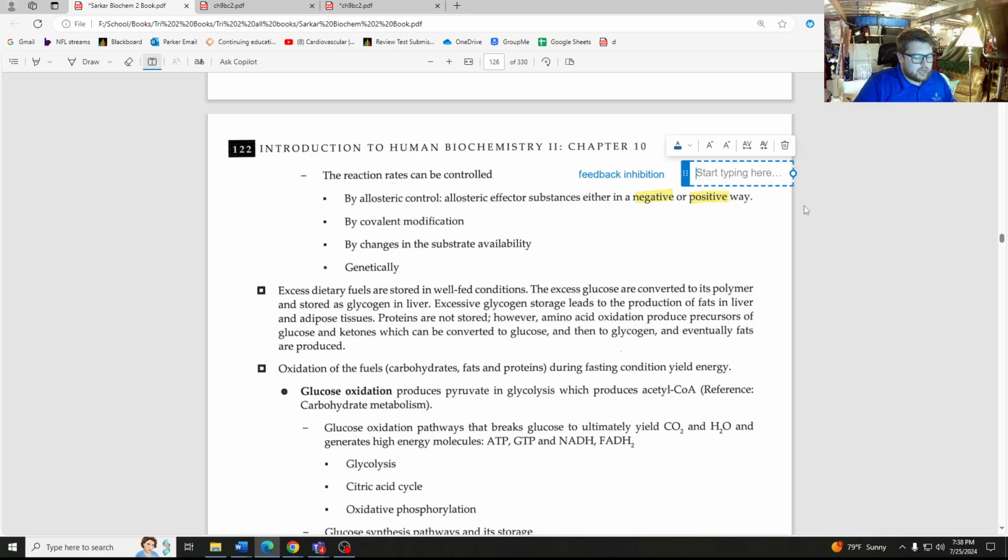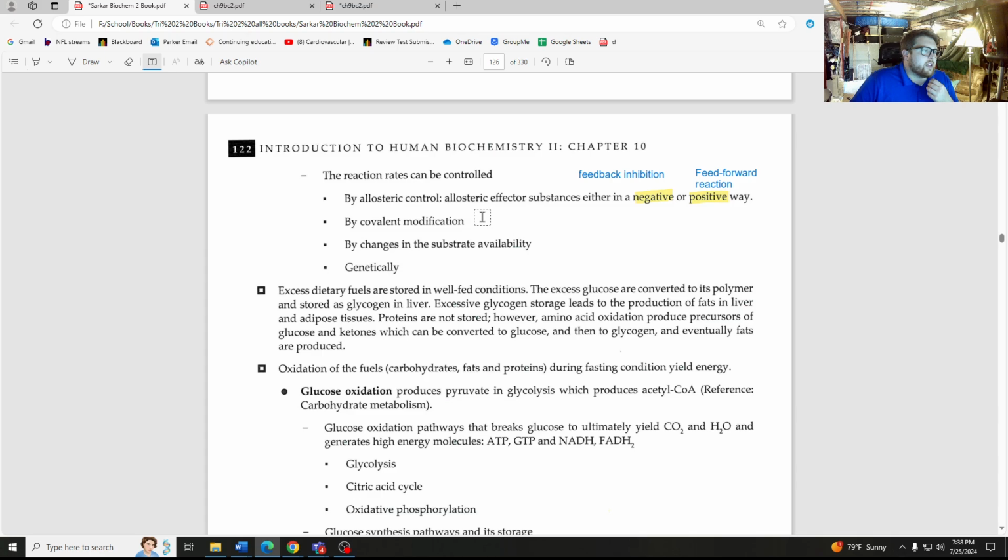If it's in a positive way, we call that feed forward or positive. There's another one, I don't remember what it is off the top of my head right now, but it's a feed forward reaction.